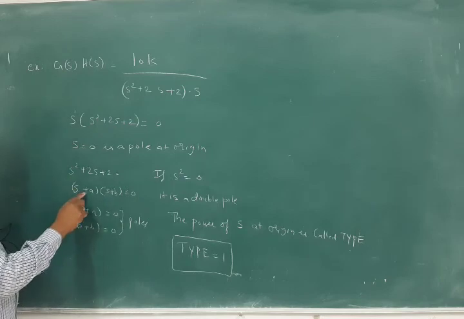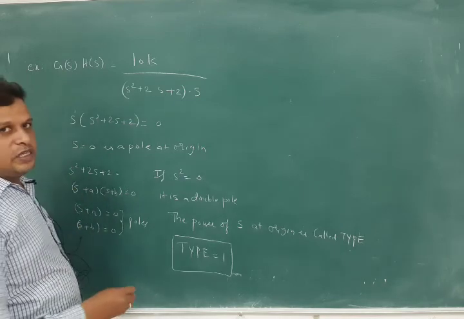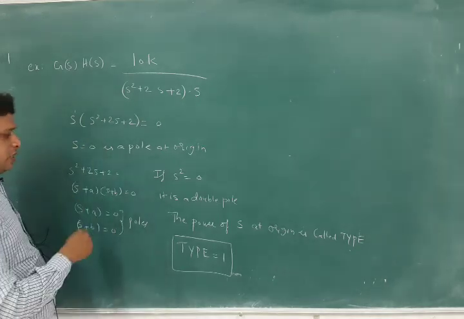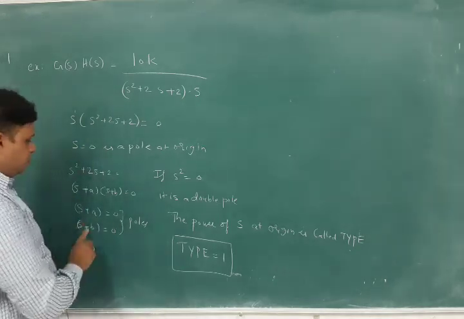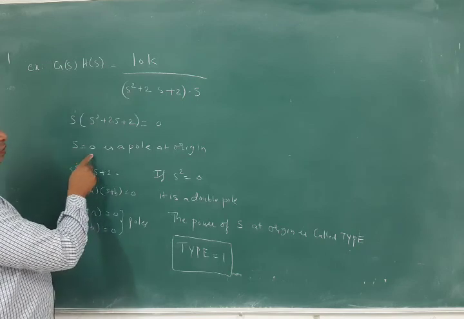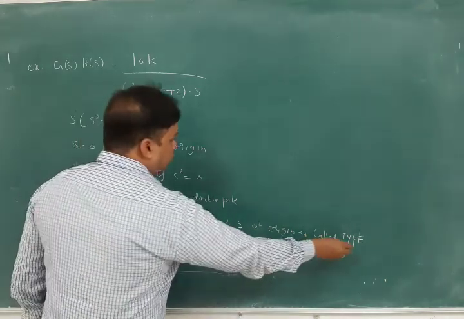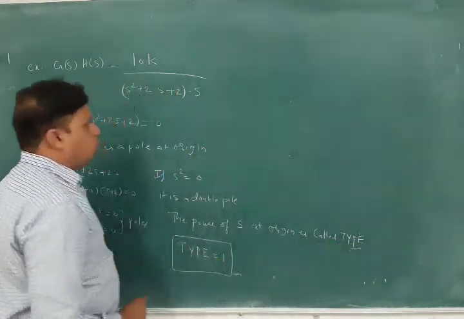If you write s is equal to minus a and s is equal to minus b, it does not mean it is origin. s is equal to 0 is the origin here. So type is equal to 1 here.